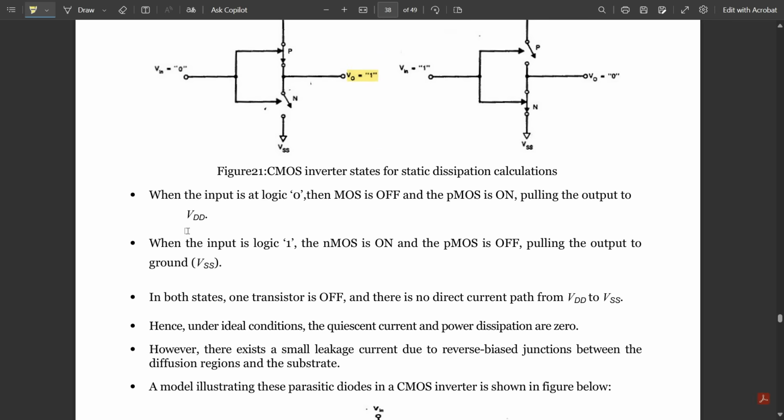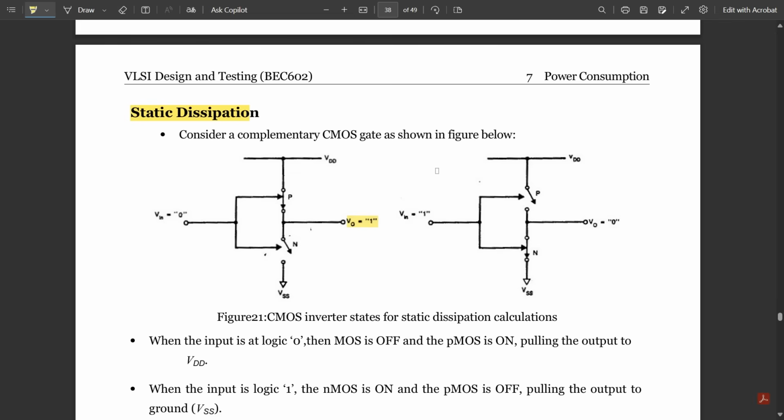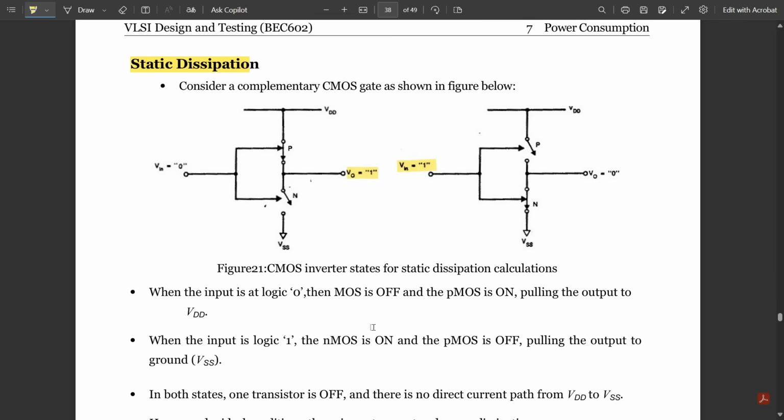When the input is logic 1, that is, V in is 1, the NMOS is on and the PMOS is off. See here the PMOS switch is open, pulling the output towards the ground VSS. Since the output is 0, the current would be flowing like this towards VSS, and in the other case the current would be flowing towards VDD. So it is 1 here and 0 here.